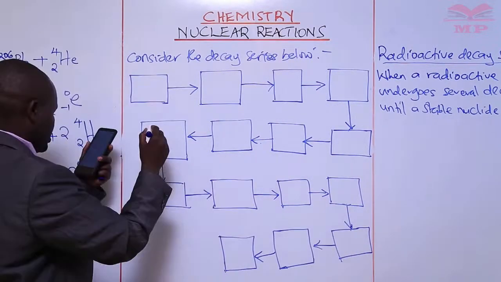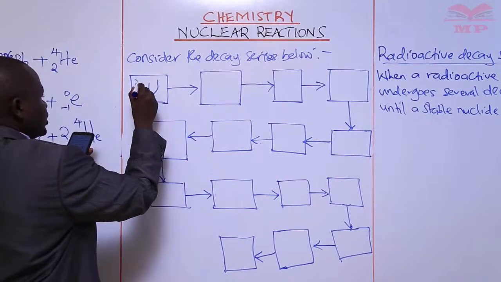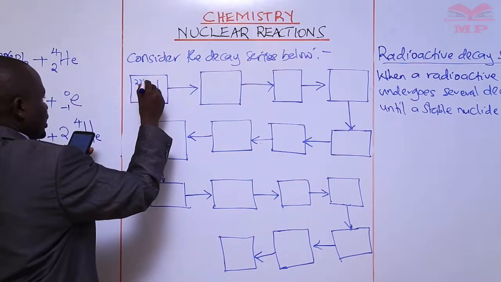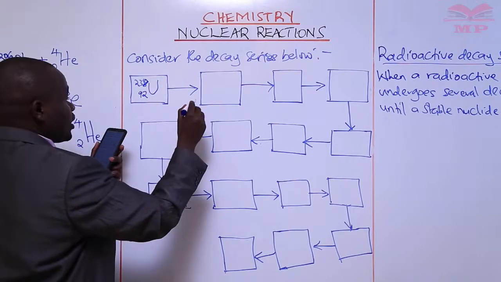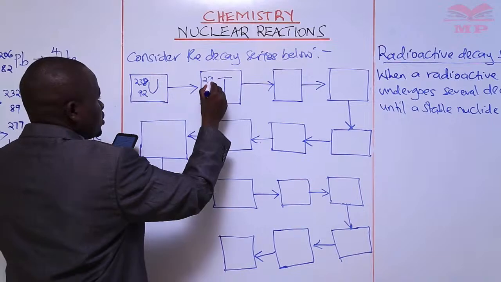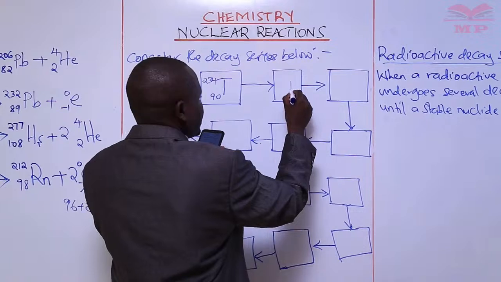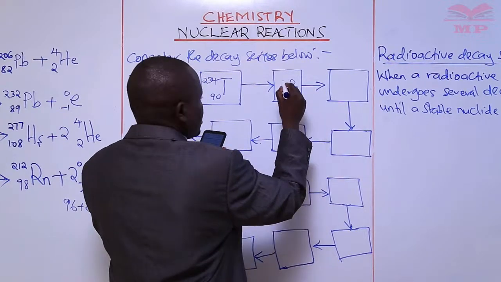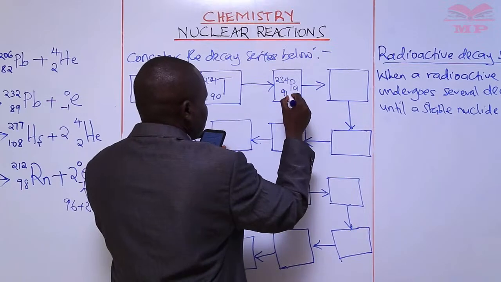So the first one has a mass number of 238 and atomic number of 92. So it decays to produce a new nuclide with a mass number of 234 and atomic number of 90. This one undergoes further decay to produce another particle, mass number 234, atomic number 91.